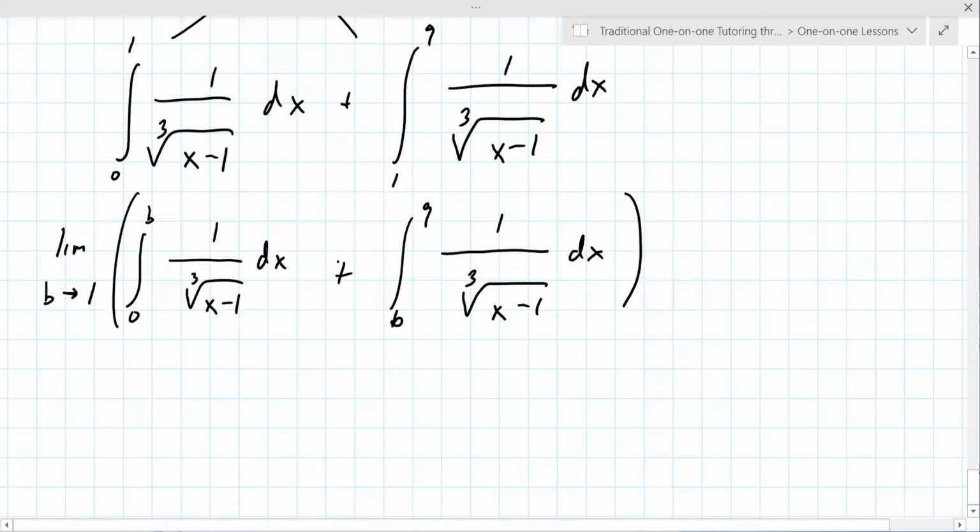Now you have to find the antiderivative of this. Basically, you're finding the area of one part of the interval and then the other part, and both have to converge.